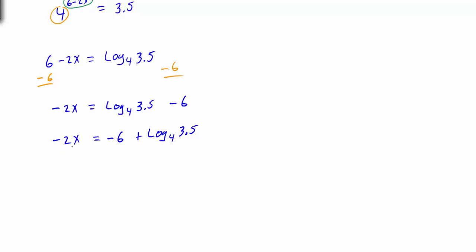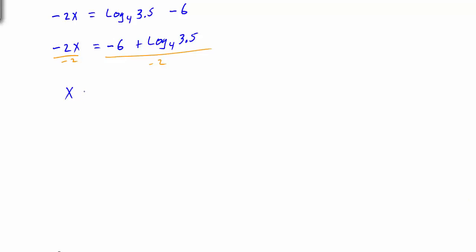So now we have a negative 2x, and to get rid of the negative 2, we're going to simply divide everything by negative 2. So we would end up with x equals negative 6 plus log base 4 of 3.5 over negative 2.